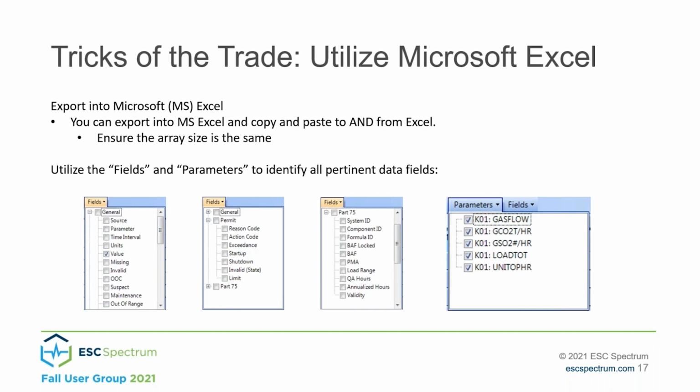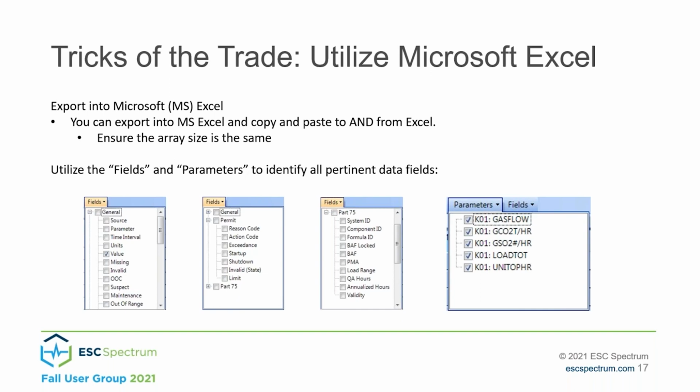As long as you have the array correct, everything that you copy and paste from Excel into DataLab will just paste the values automatically. And it works the other way around. You can copy and paste from StackVision into an Excel sheet. Just remember that when you do that, the column name is always going to come with the copy and paste. It's going to show you the name and parameter no matter what. So make sure you have your array correct when you're copy and pasting from StackVision into Excel.